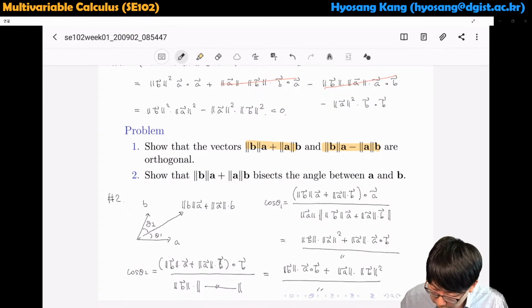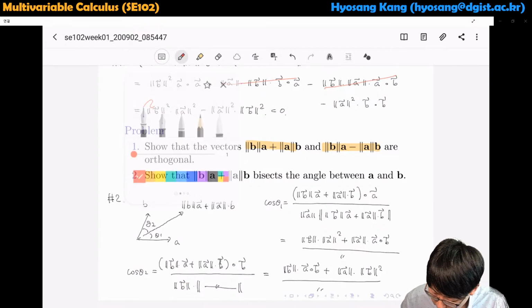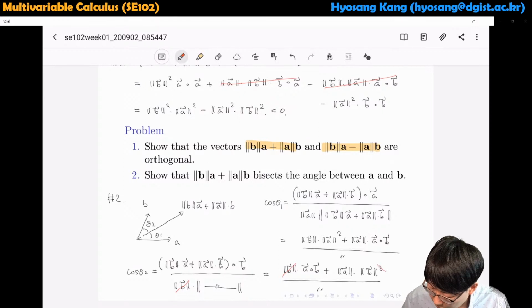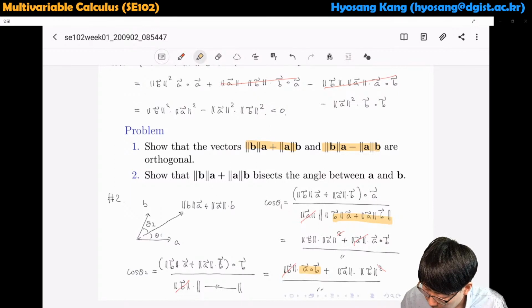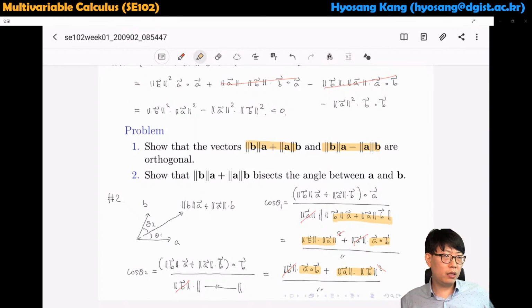So let's cancel out B here and B here, and here we cancel out A and A here. So the denominators are the same as this guy, the norm of this big vector. And the numerator becomes A dot B plus A norm times B norm. So the numerator and denominator are the same. So the cosine values of theta are the same, and therefore theta 1 and theta 2 are the same. Okay.